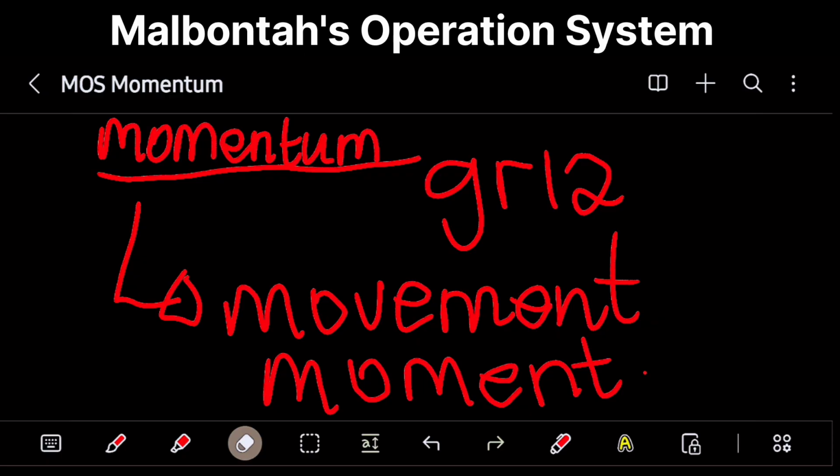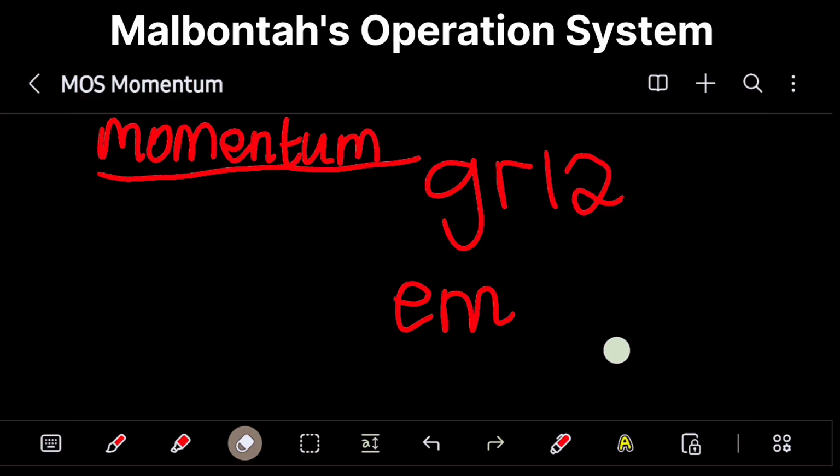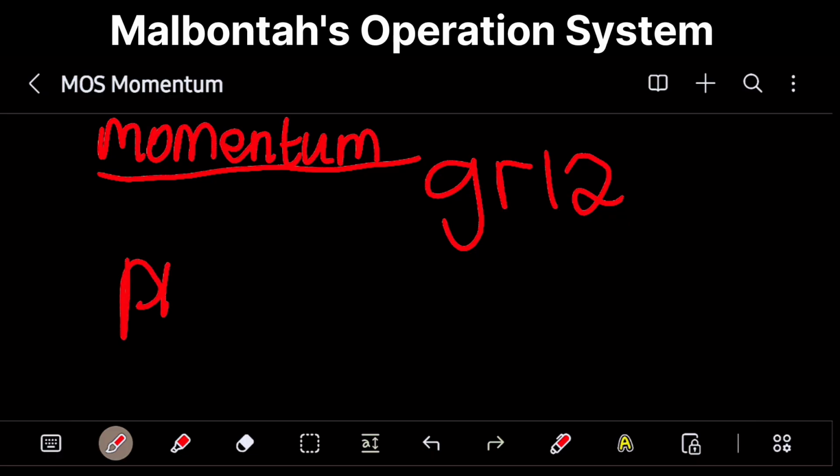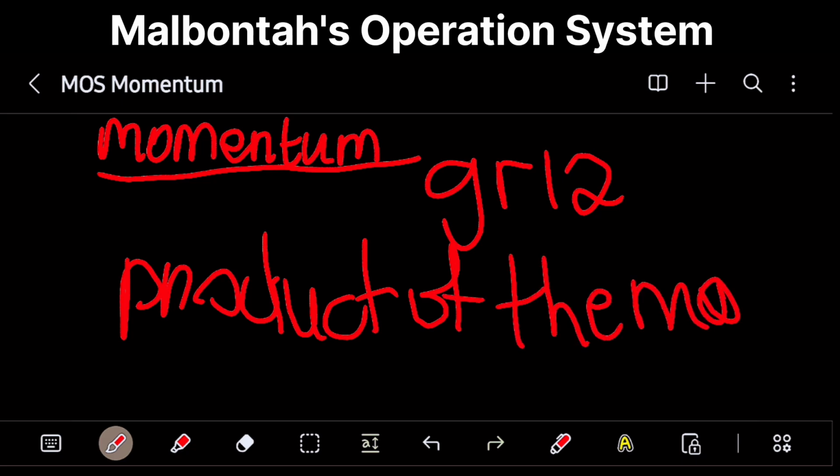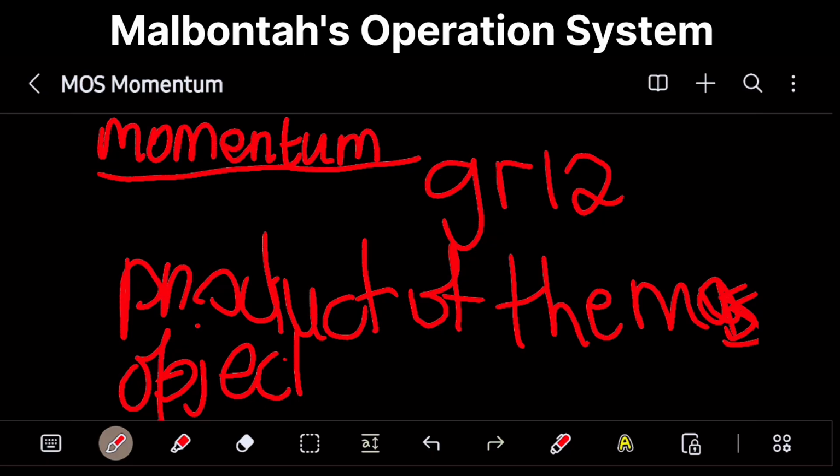But then what is the true definition of linear momentum? It is the product of the mass of an object and the velocity of an object.